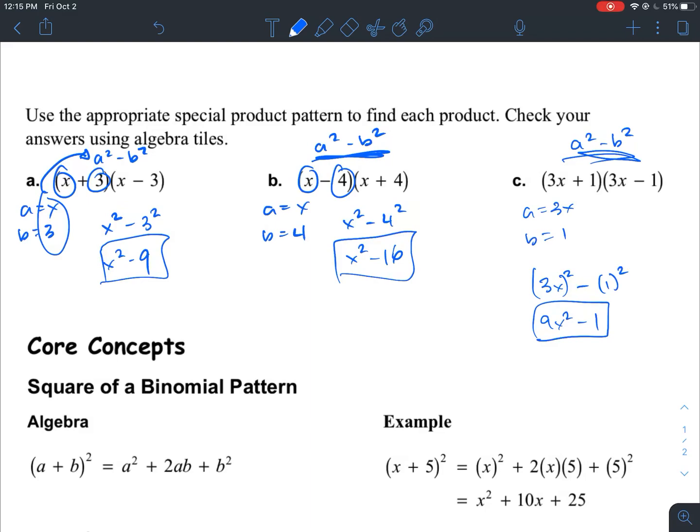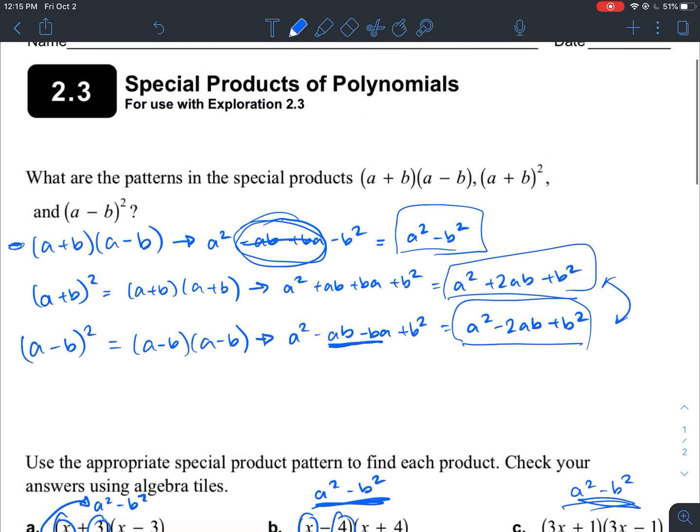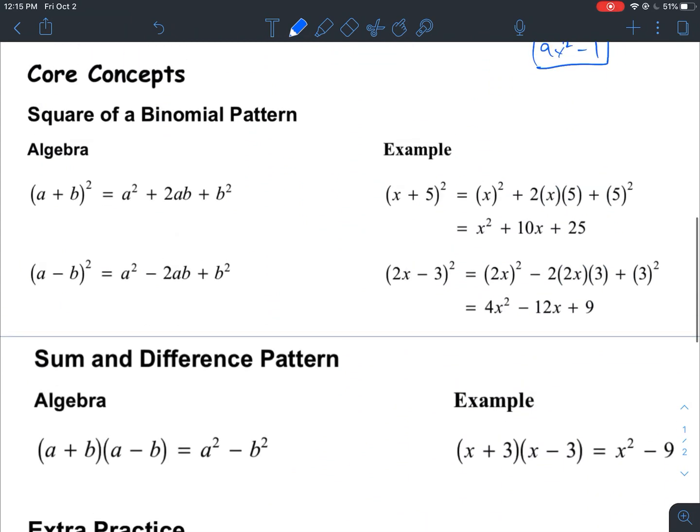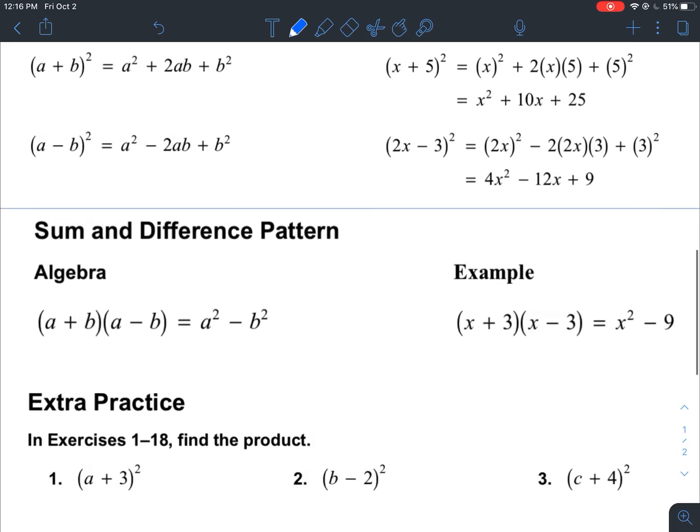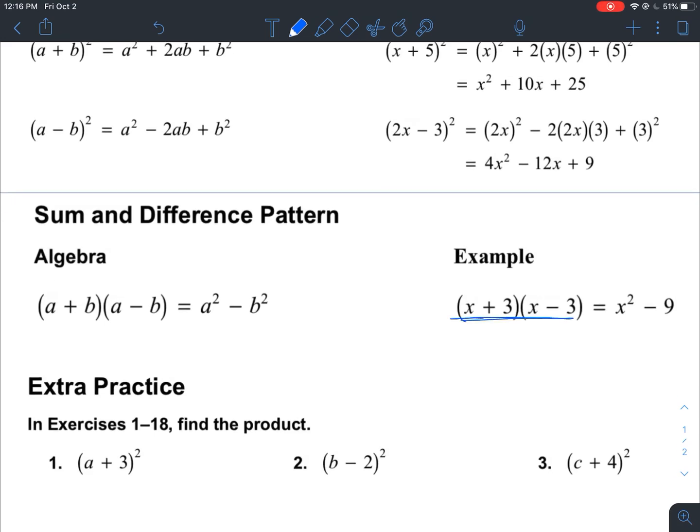Okay? So these are the specific names for each of these three examples. The one down here that we've been practicing, where you have a and b, similar terms right here, but just a different operation inside, where this is plus and this is minus, is called the sum and difference pattern. Okay, and here's the example over here.